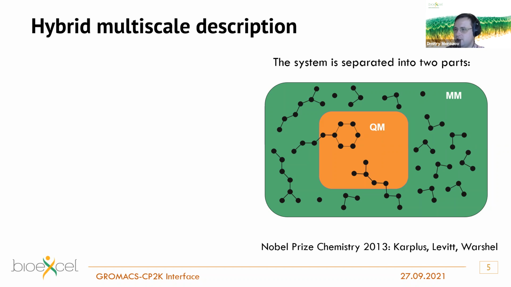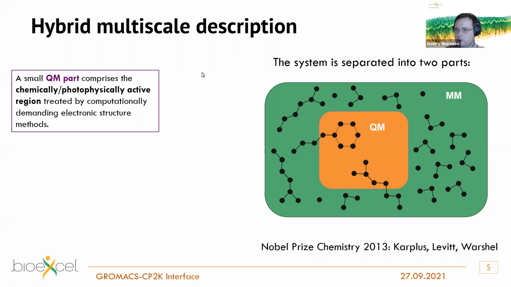Their original idea from the 70s is that you split your system into two parts, called the QM part and the MM part. The small QM part is basically the region where your chemistry or photophysics or whatever is happening, the part of the system you are interested in.